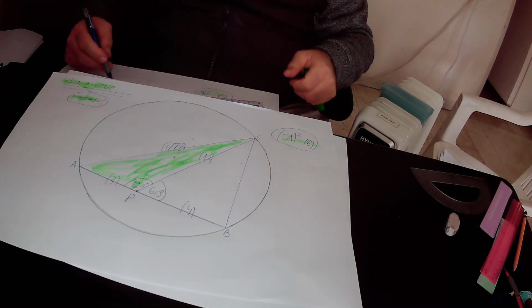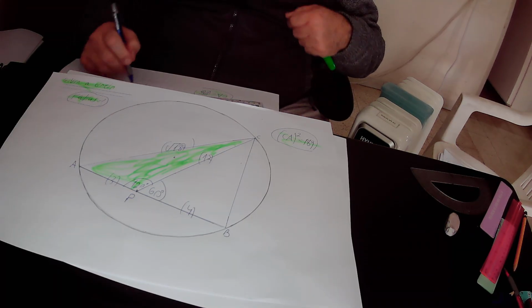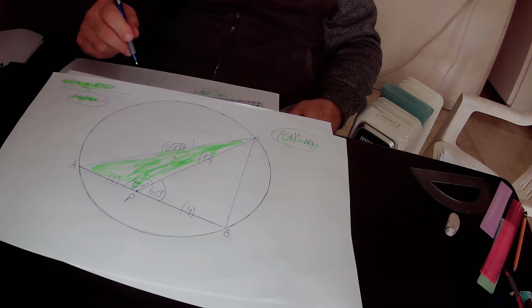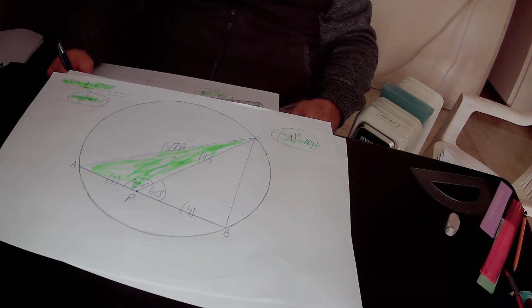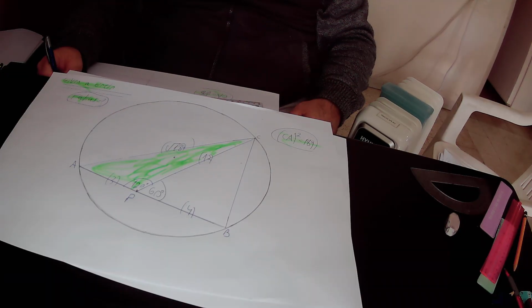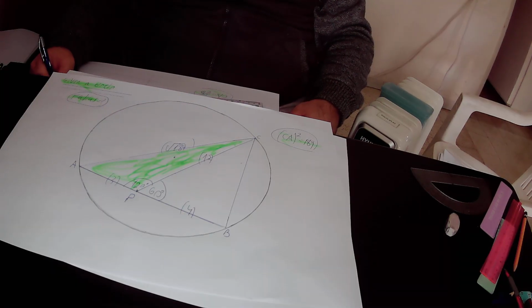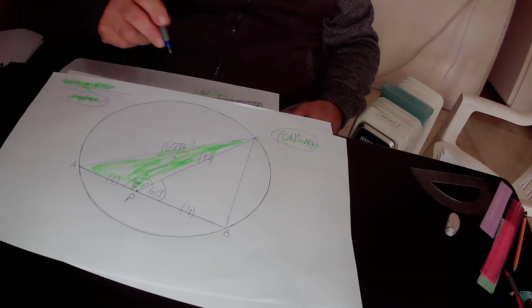CB square equals CP square plus PB square minus 2 times CP times PB times cosine 60 degrees.